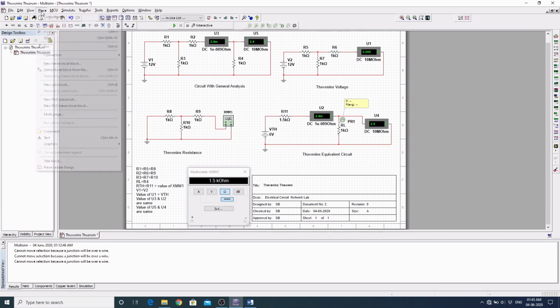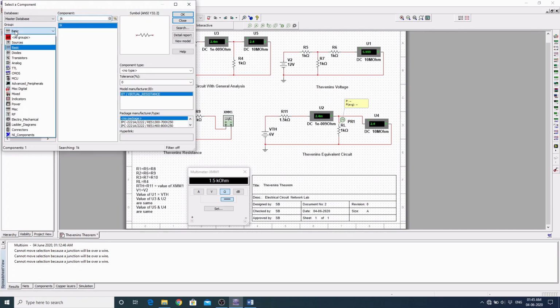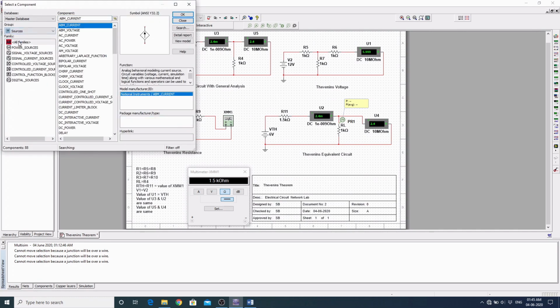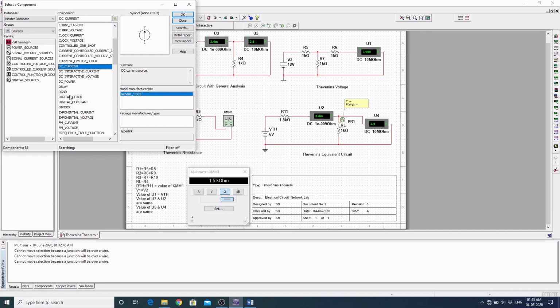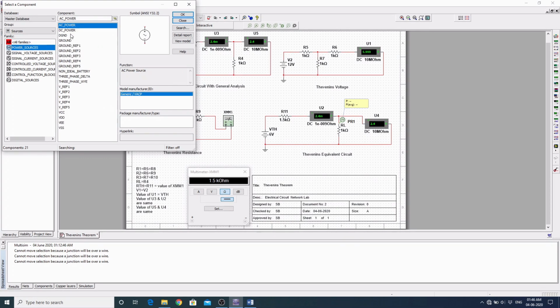You will get the voltage source also from the place-components menu, under the basic source group. In the power section, in the DC power, you will get the DC voltage.